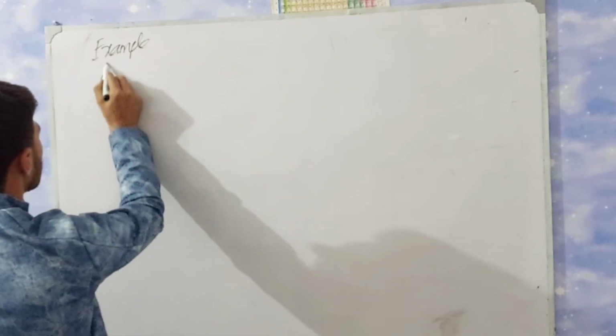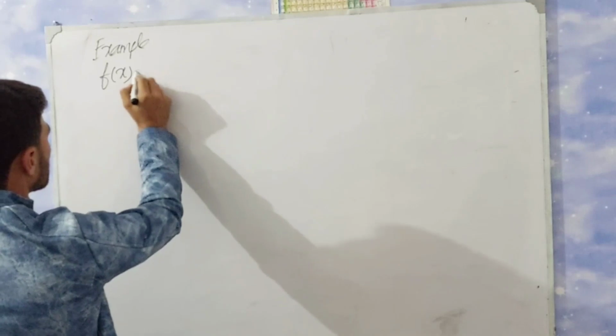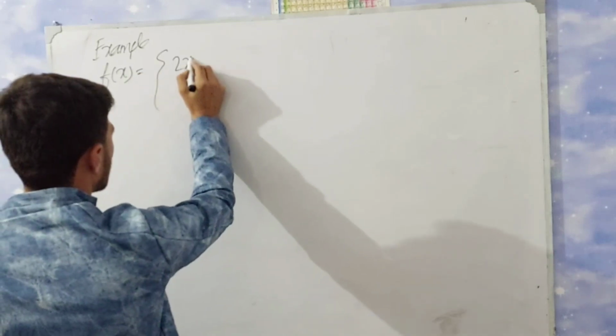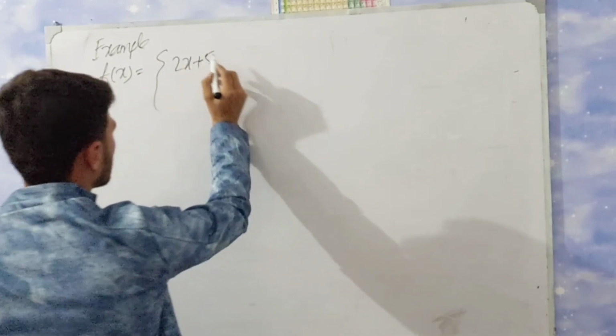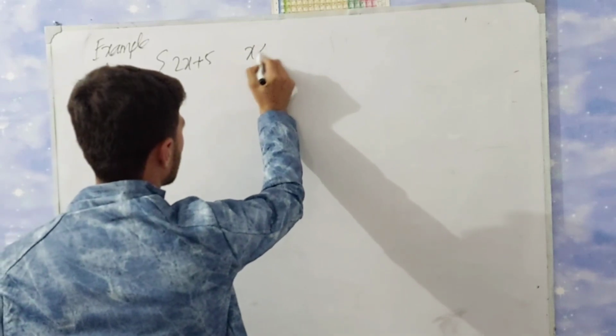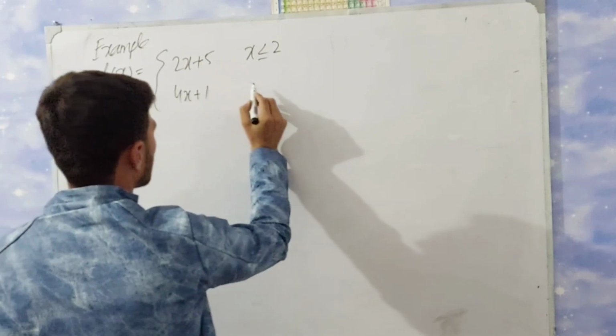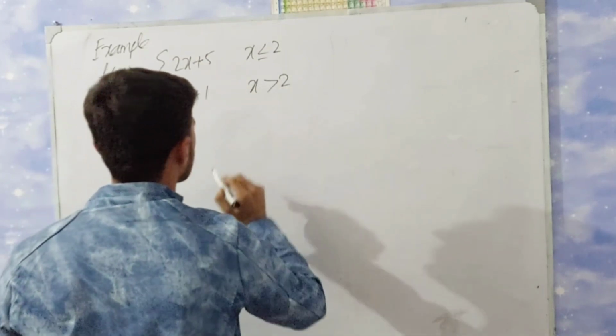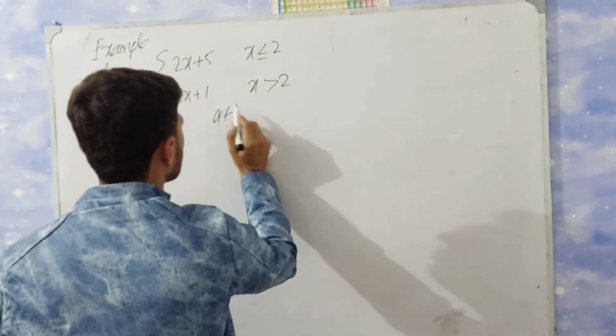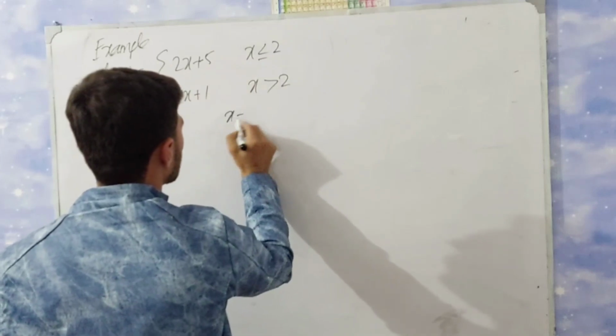The example is f of x equal to 2x plus 5, where x is less than or equal to 2, and 4x plus 1, where x is greater than 2, at x equal to 2.